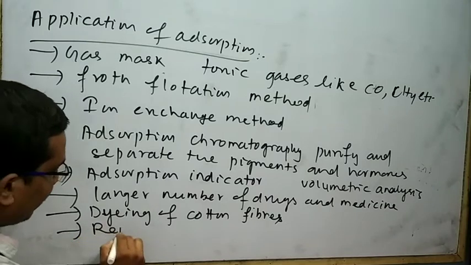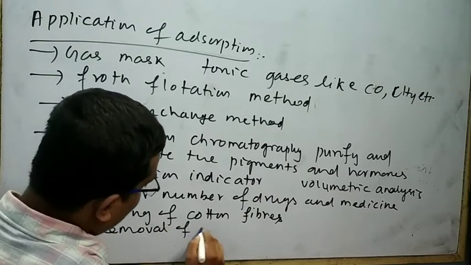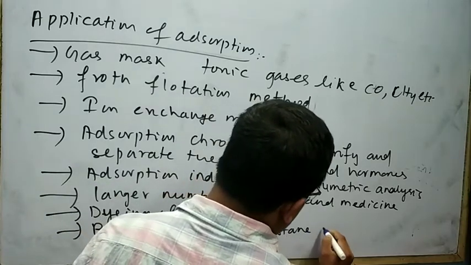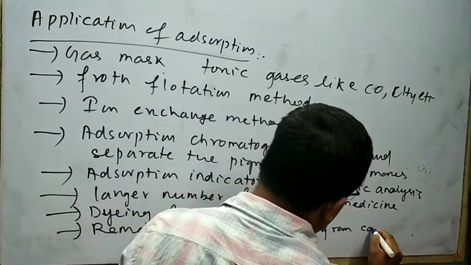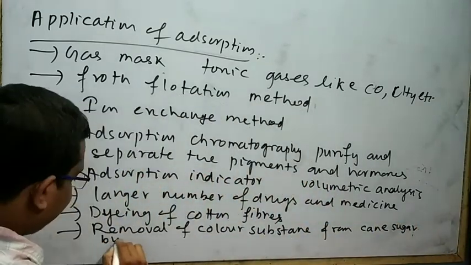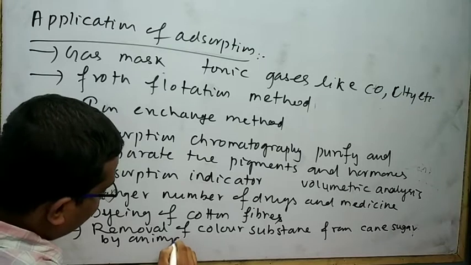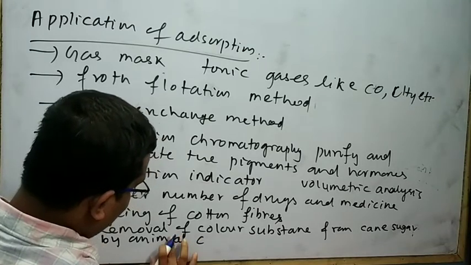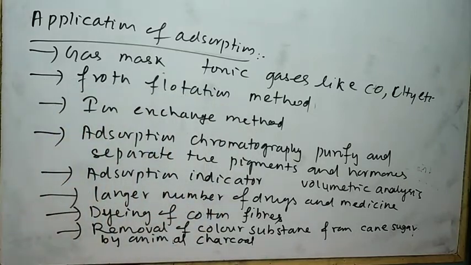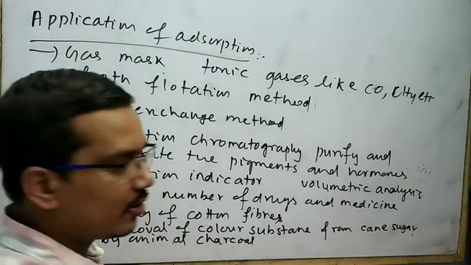Next is the removal of colored substances from cane sugar by animal charcoal, which can also be explained with the help of adsorption.